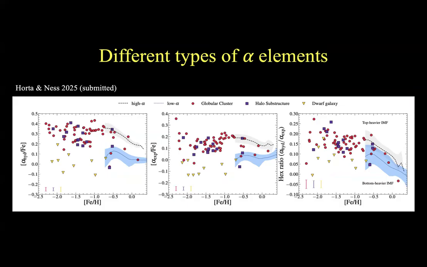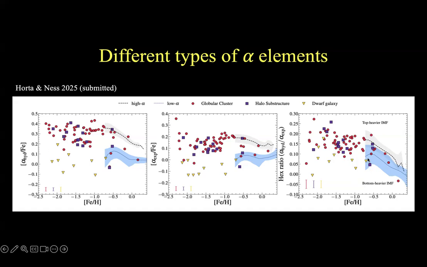However, the explosive elements are produced during the actual supernova type 2 detonation. So if you have a measurement of both, you can get a ratio of the most massive stars to all supernovae. And this is what I'm showing you on the right here for stars in dwarf galaxies, in triangles, in globular clusters, and in halo substructures.